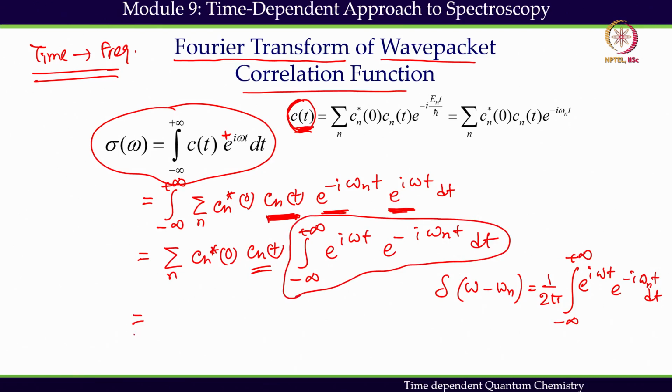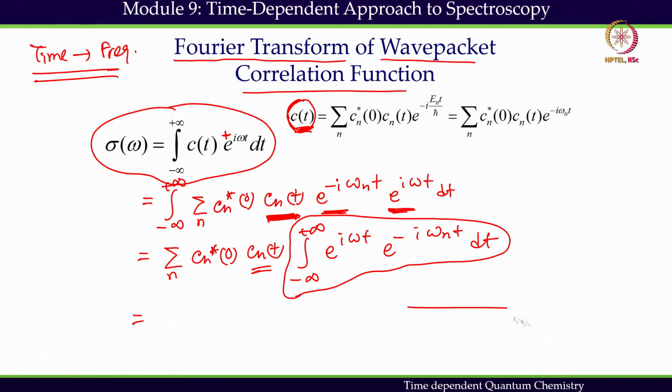How are we going to write it down? If it is a delta function, then the integration gives 2 pi times the delta function, and that is exactly what we are going to insert here. So we can write it in terms of the delta function.